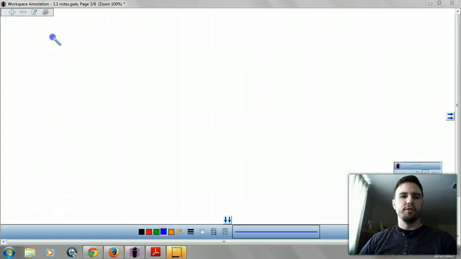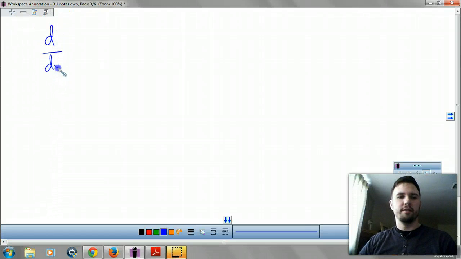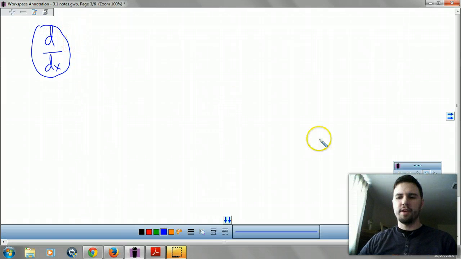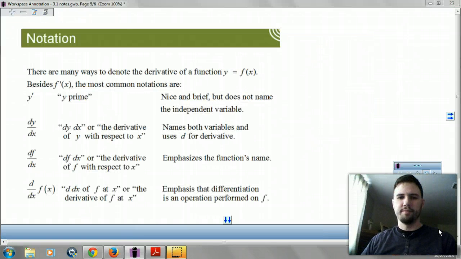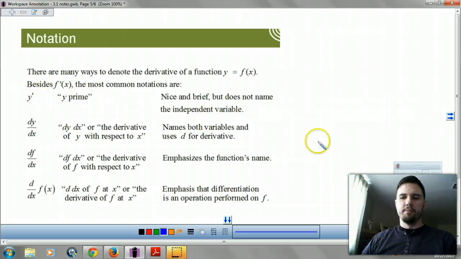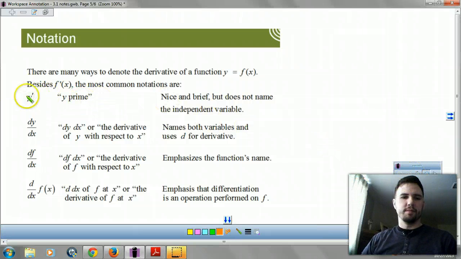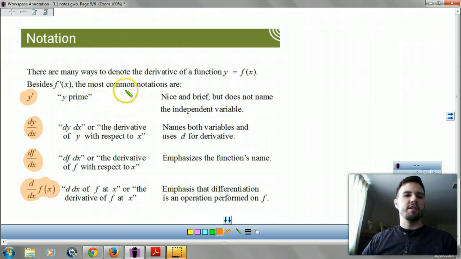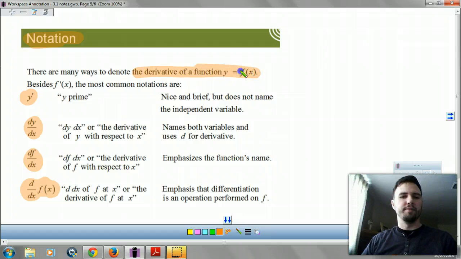Let's say I ask you to find this. This is the same thing as asking for a derivative, guys. In fact, let's do that right now. Here's what I'd write down: this, this, this, and this. These are all the same notation to call something a derivative.